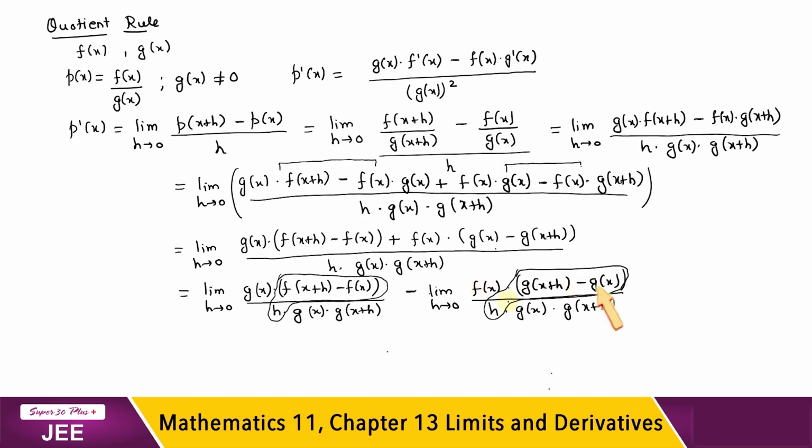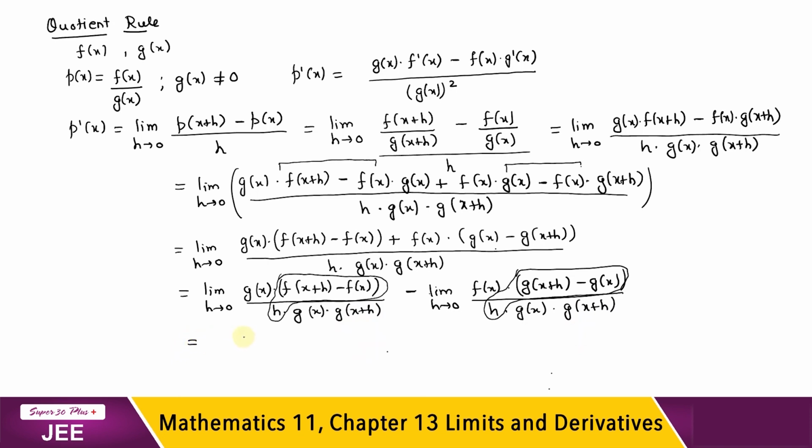Alright, and f x, g x are independent of the limit because the limit is being applied on h, and g of x plus h is simply g of x, and over here also this is simply g of x. So I think we are done.